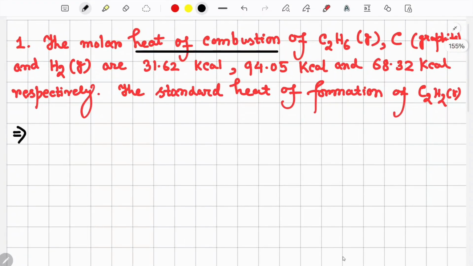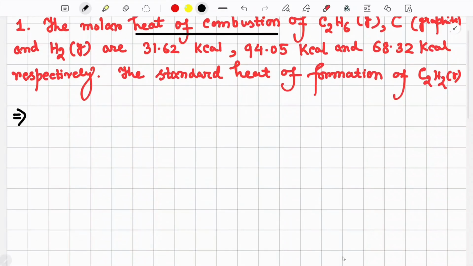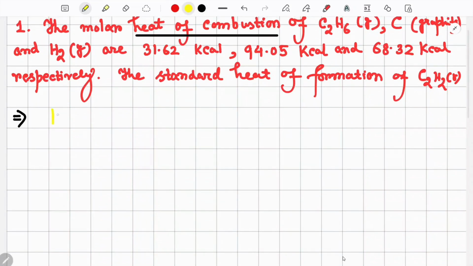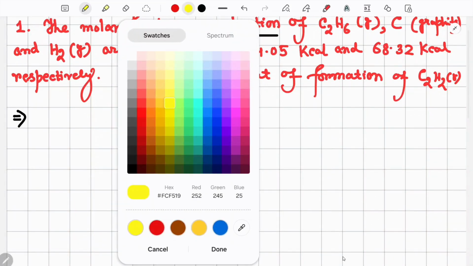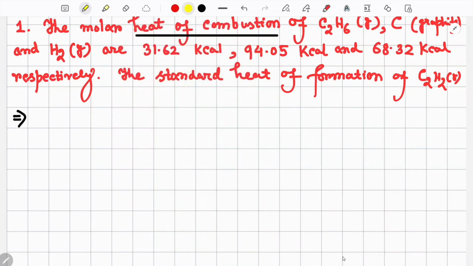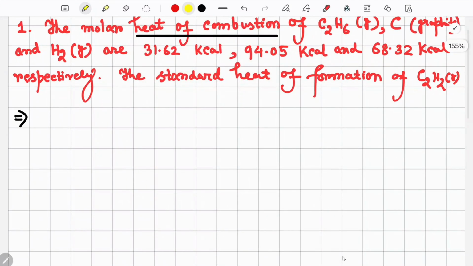Then here first we have to understand what heat of combustion means. Let me define it. Energy released when it is combusted in air. Yes, but totally. Means you have to combust in the open air, considering 1 mole of that species.